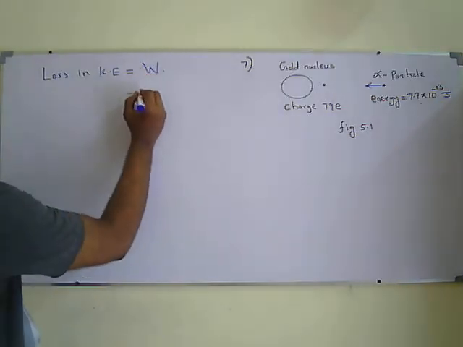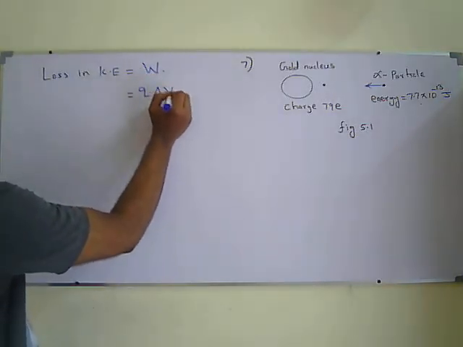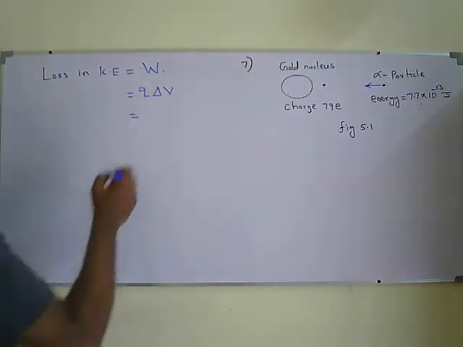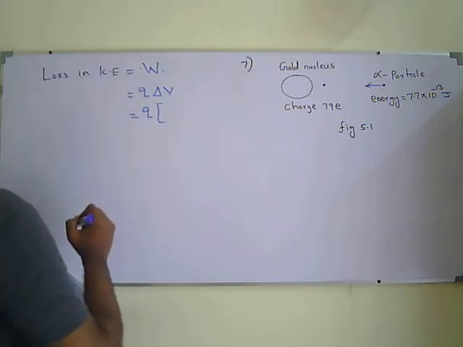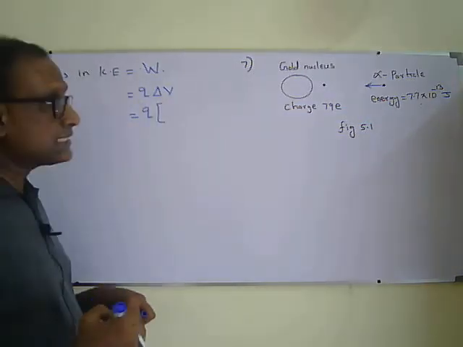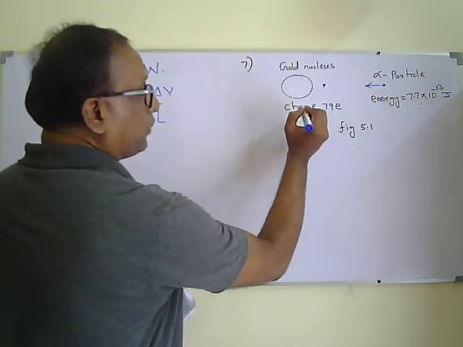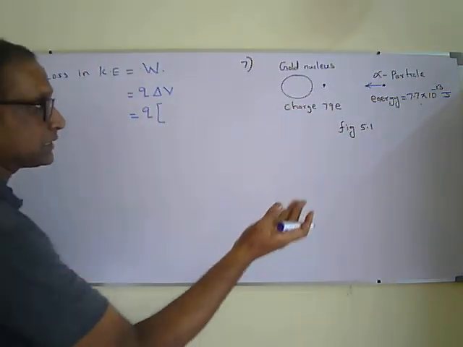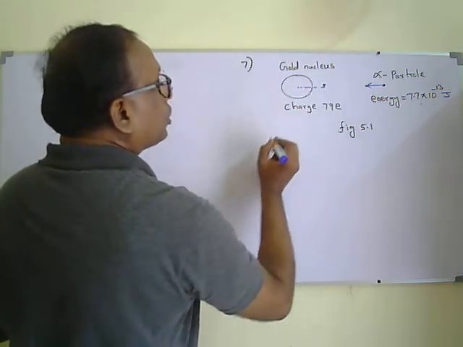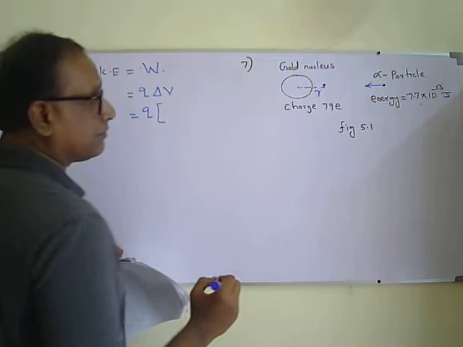Work done is equal to Q times delta V. Q times the potential difference, we don't know. See, this is the point where the alpha particle is stopped. So the distance of this particle from the center of the gold nucleus, let it be r.